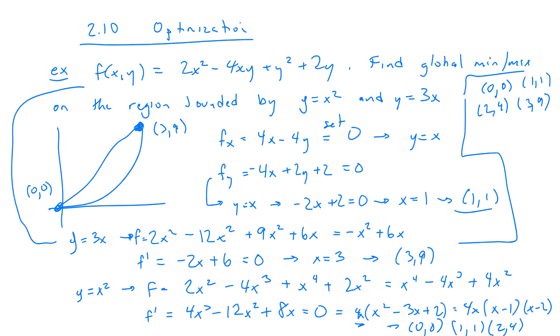The other ones are possible points on the boundary. Because one of the possible places where the derivative of this is 0 is at 2, and I plug that back into y equals x squared.